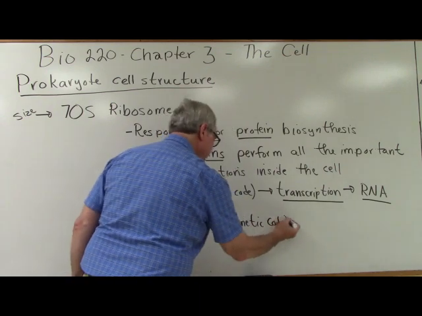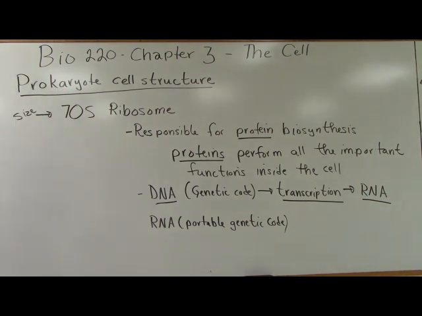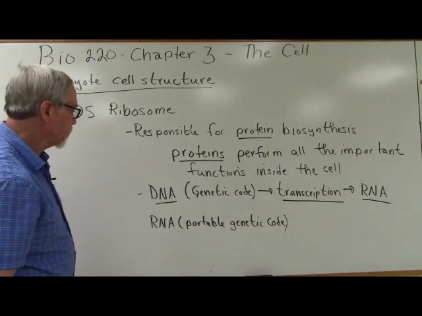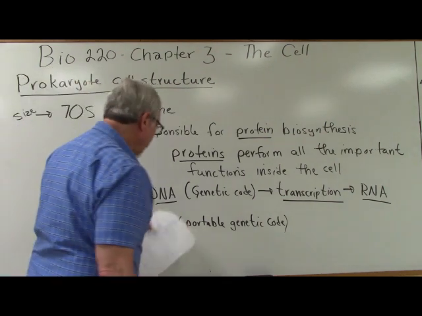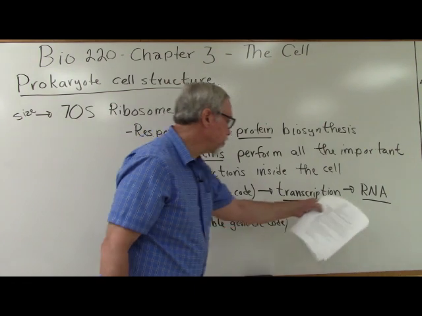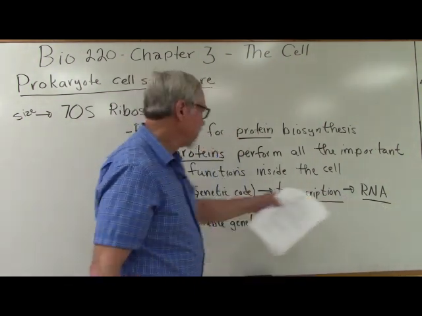So this is like taking your instructions to a Xerox machine and making lots of little portable instructions as compared to having a big strand containing all of the instructions. Or a textbook containing the instructions. So you start out like with a textbook. You take a page that you want to copy, make 100 copies. That's like going from DNA to RNA.